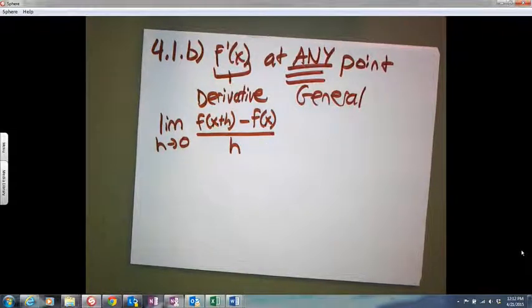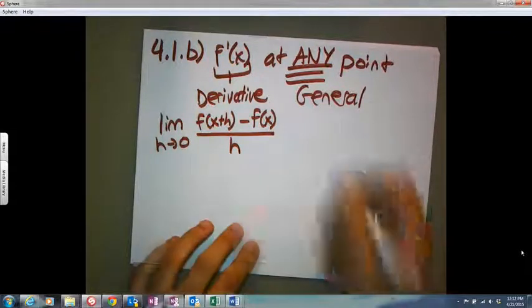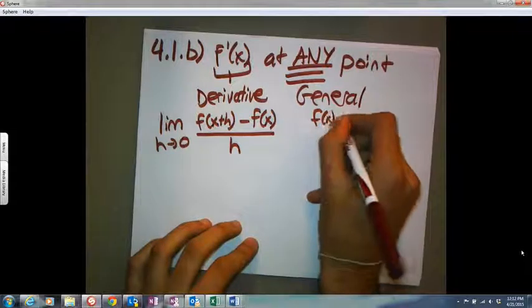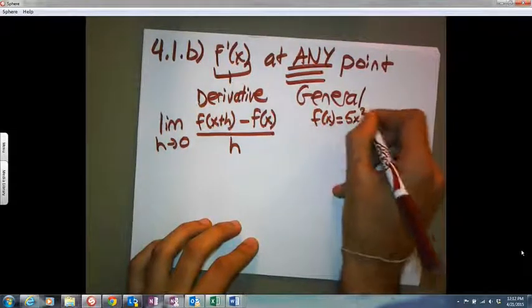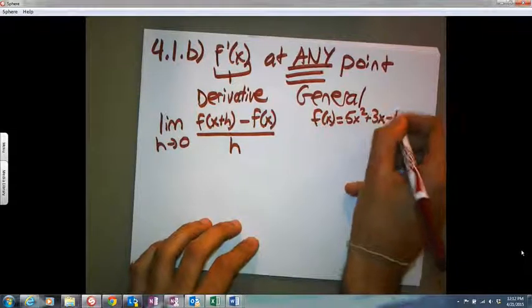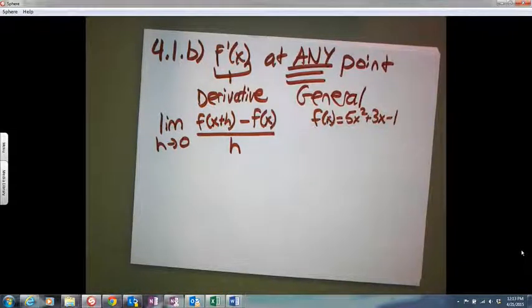Now, let's find out what you're dealing with here. So f of x is 5x squared plus 3x minus 1. So, Leslie, how do I get this?